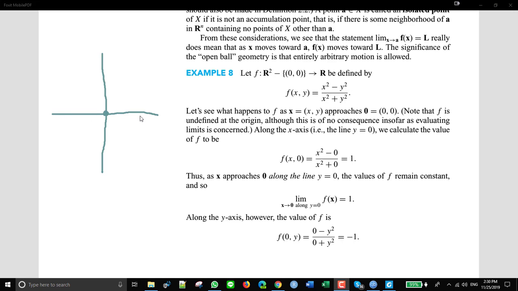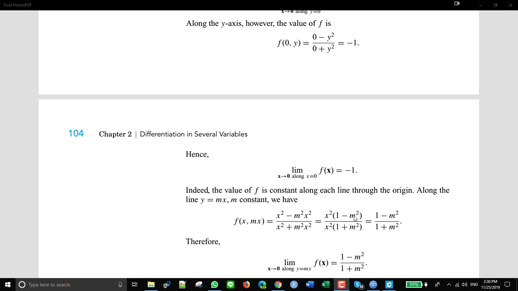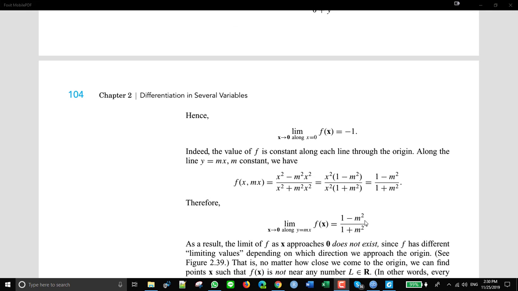Then M is 0, right? The slope of this line is 0, so M is 0. So what does that mean? We said the limit is going to be this. M is 0, so it's 1 over 1, which is what we said.